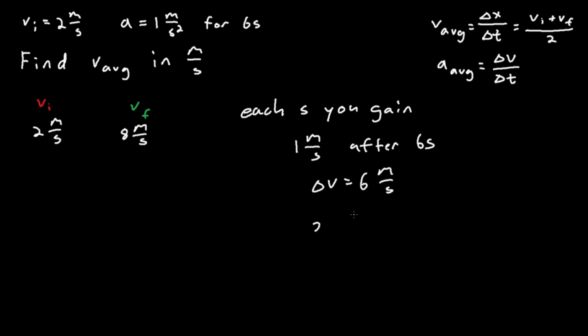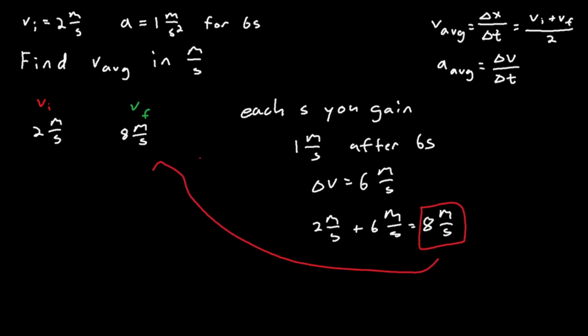If you add your initial velocity onto your change in velocity, you get 8 meters per second. Oh, that's a bad box, which is exactly what your v final is.